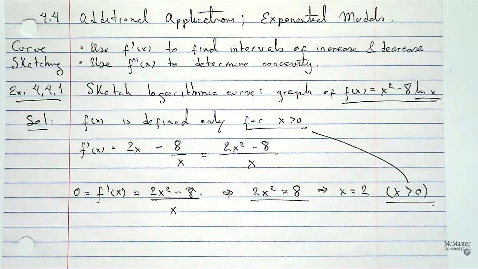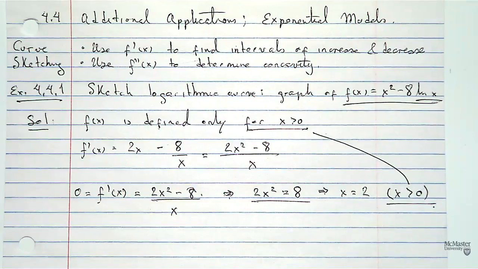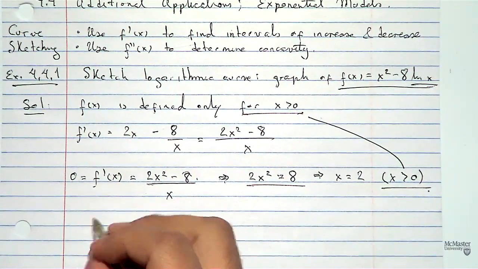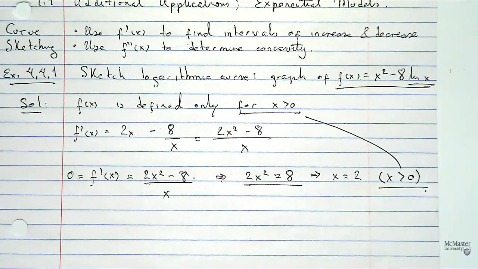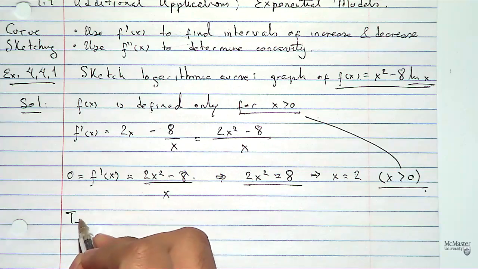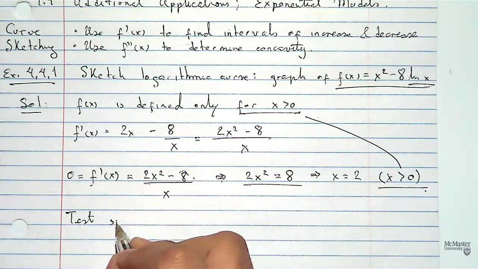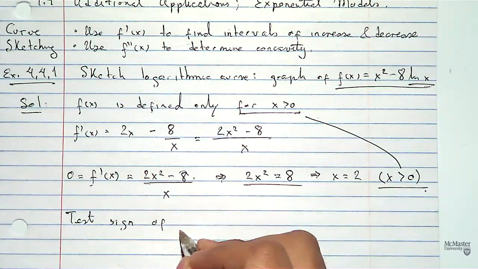The simplest way, like the baby method that they may have even taught you in high school, is to find the critical points, then to find the value of the function between those critical points and see if it's positive, negative, etc. A more refined way is to actually, by inequalities, just deduce which are the regions where the derivative is positive or negative. Which is what we will do, because in this case it's simple enough to do it that way. So what we will do is that we will test the sign of f prime of x.